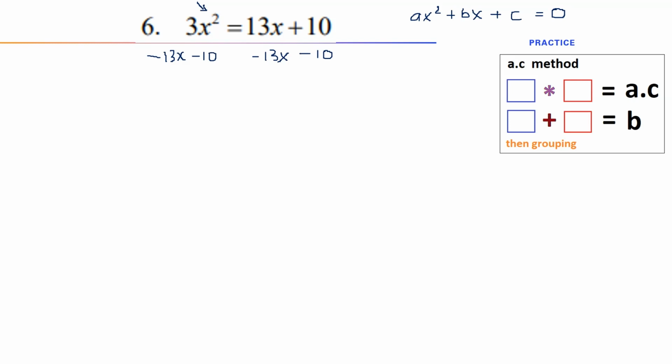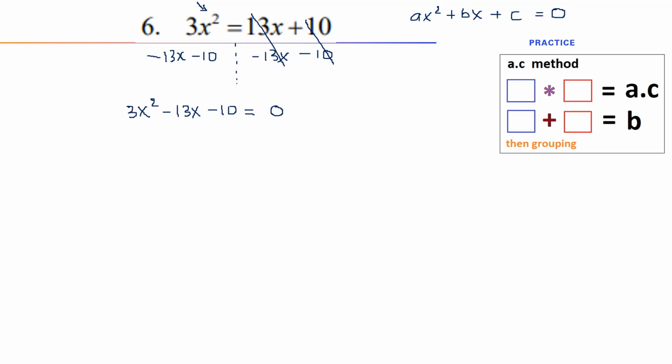Alright. Okay, so now on the left-hand side, what we got? 3x squared minus 13x minus 10 equals. On the right-hand side, 13x minus 13x, 0. 10 minus 10, 0.